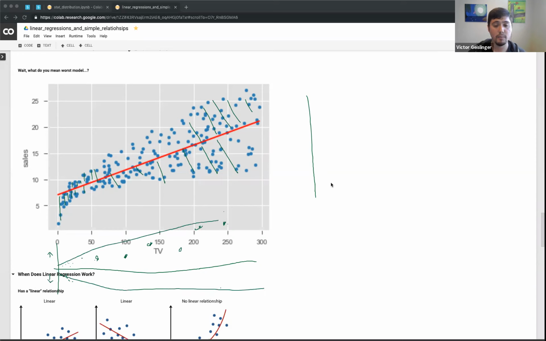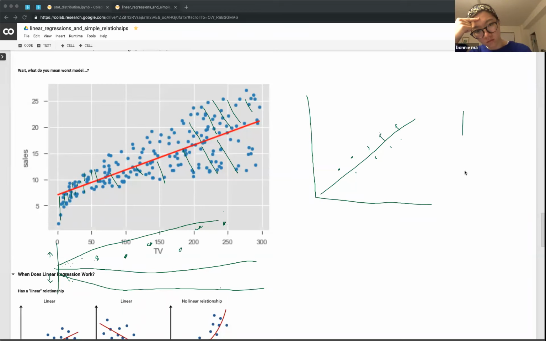If our model instead looked like a line like this, and we have our points scattered more or less along the line, but it doesn't vary very much from the line, this would be homoscedastic.